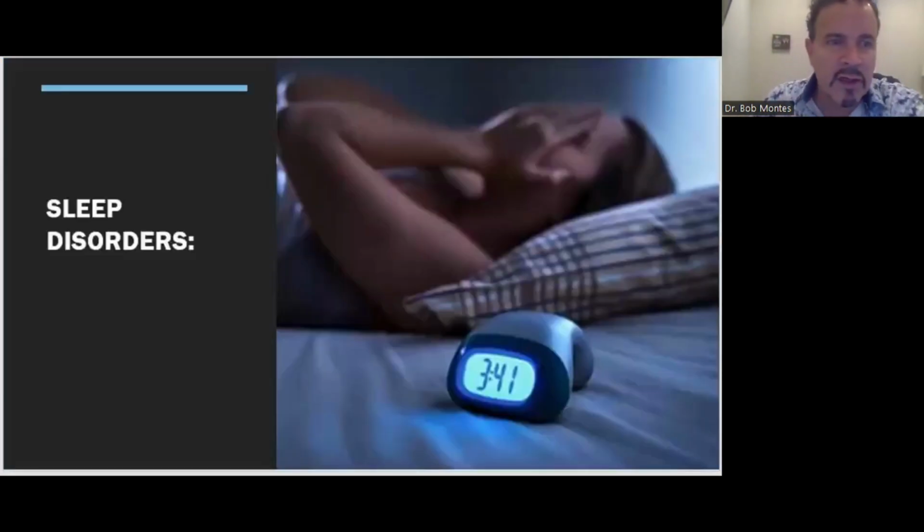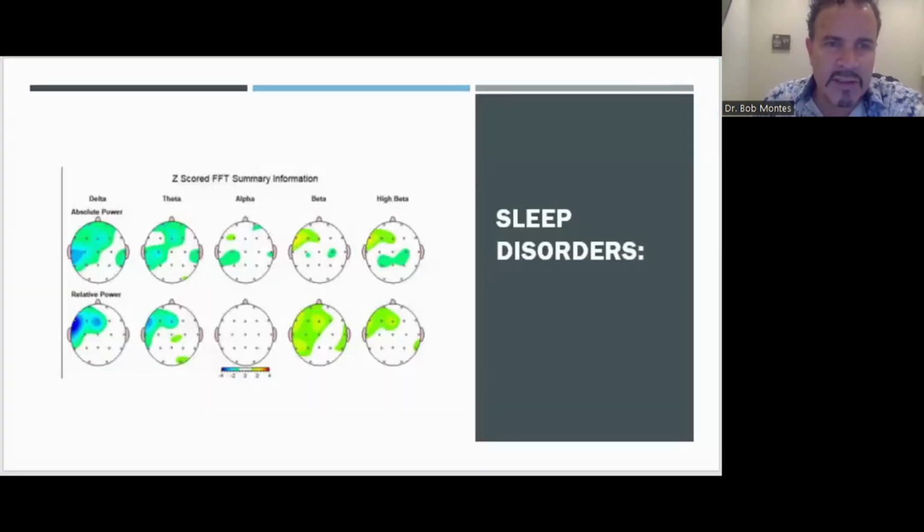We can also locate the general region for sleep disorders, which are usually characterized by a deficiency in the slower brain waves. So you see over here the blue and greenish color in delta and theta, and this is often a reflection of not enough amplitude in those delta waves to create a person's sleep patterns.